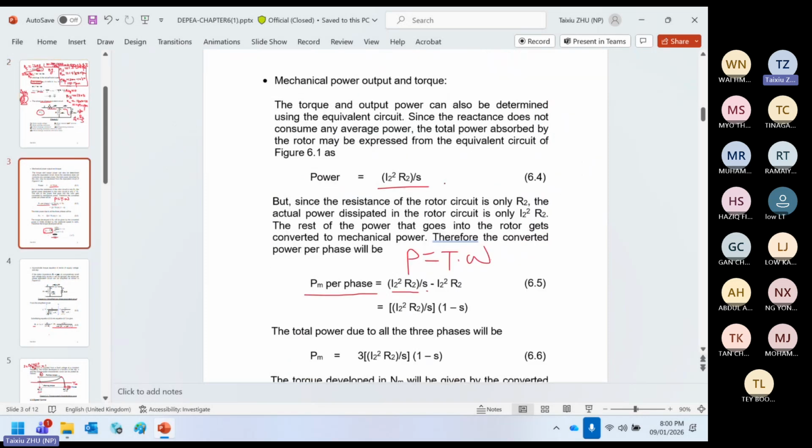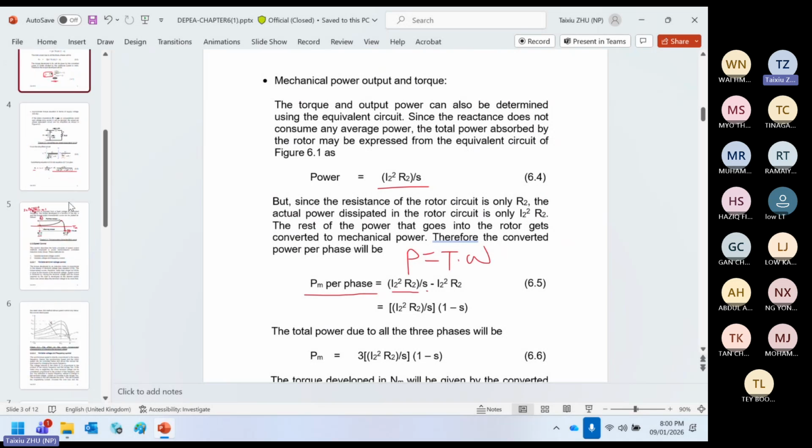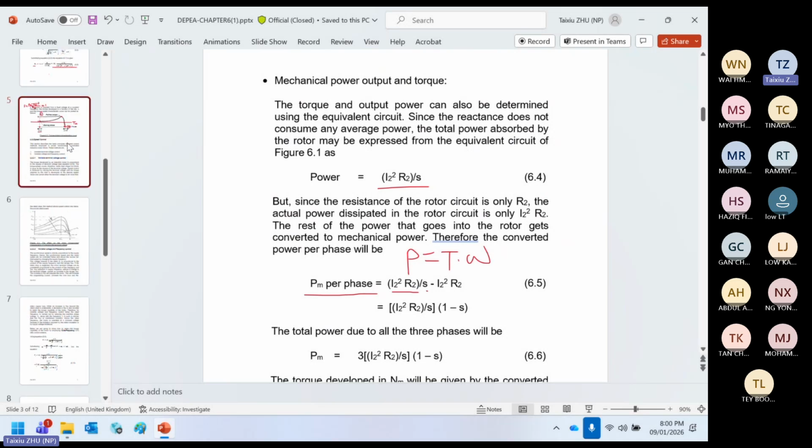Nowadays, a high efficiency motor is very high efficiency, 90 something percent, so the loss is very little. Okay, no worries. Later on I will try to use an example to make all the concepts clearer.